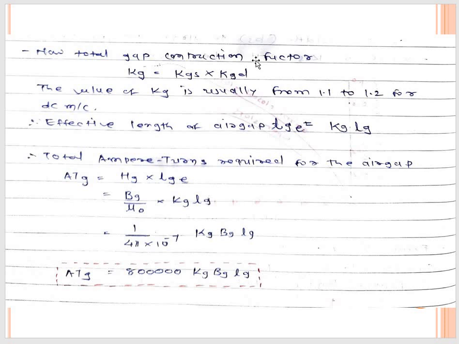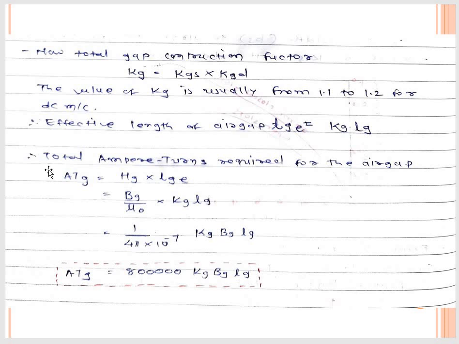Now the effective length of the air gap is given by Lge, and the value of Lge is equal to Kg into Lg, where Kg is the total gap contraction factor and Lg is the length of the air gap.